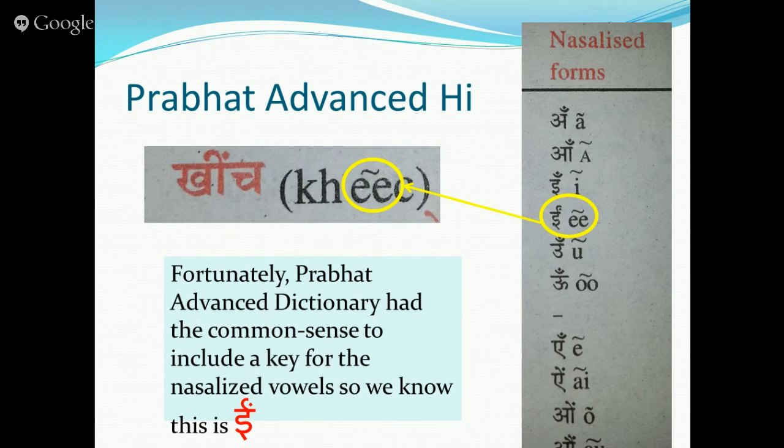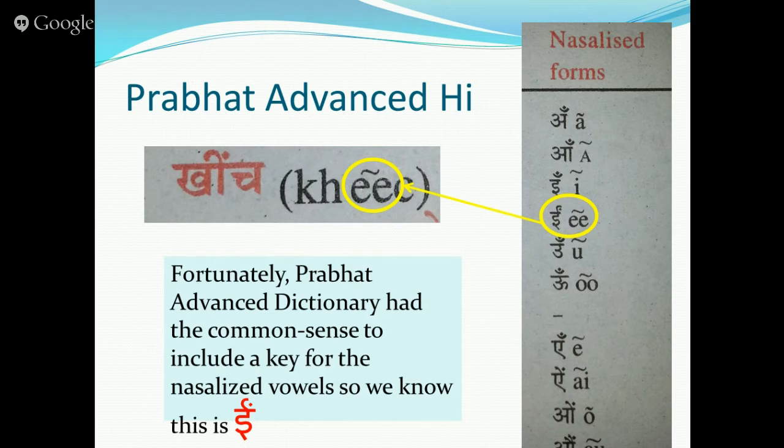But to represent the nasalized forms, what did they do? They put the little wiggly wave over it. So now it becomes e, e, with a wiggly wave.